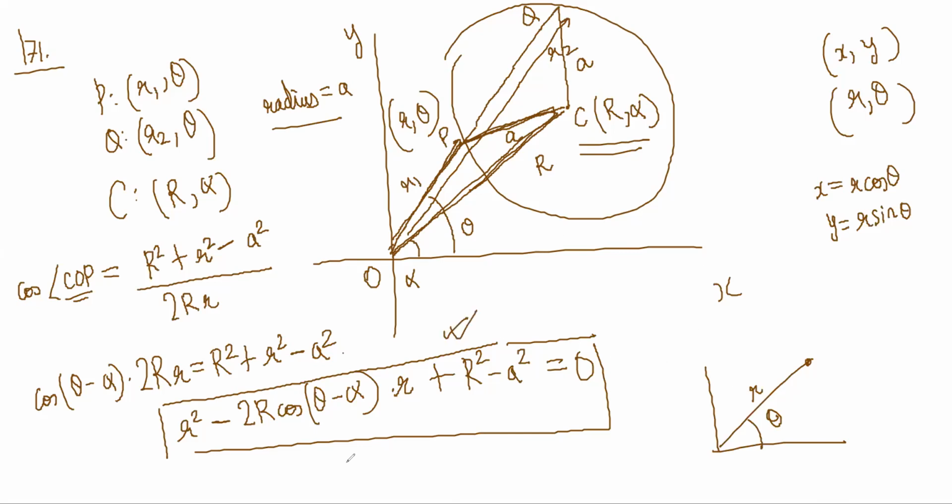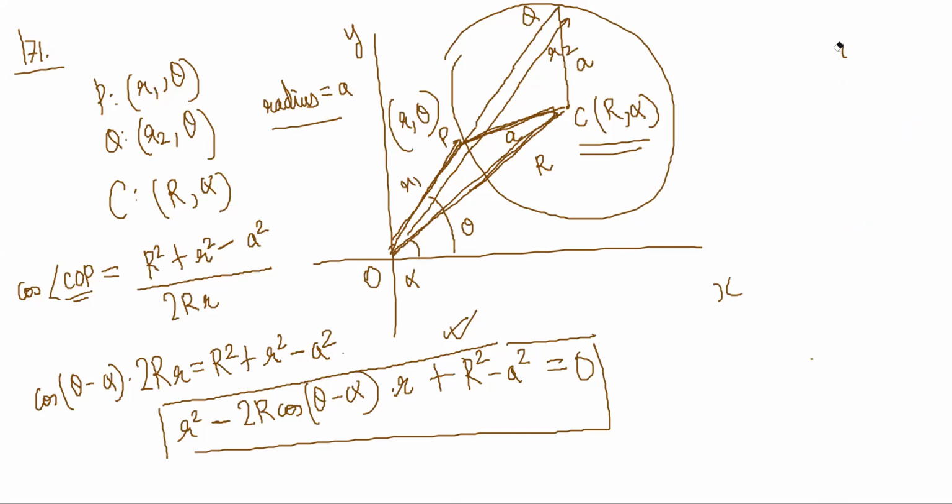Once you get this equation though, we can now do nice things. This is a quadratic equation in small r. Roots of this equation will be the 2 points where P and Q are cutting the circle.